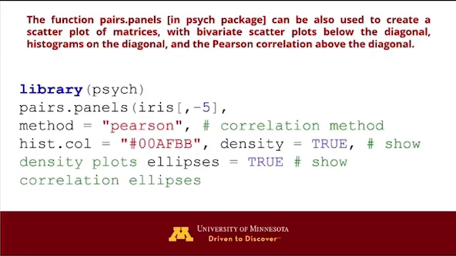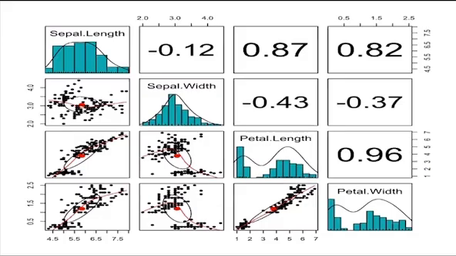If you really want to enjoy this more, you can load a package called psych, P-S-Y-C-H. Now, if you take a look at this code, look at what is going to come out of the code. I have a combination of a scatter plot and histogram.